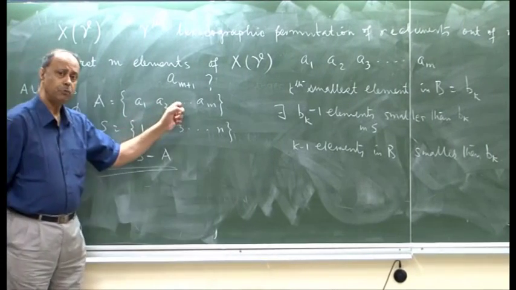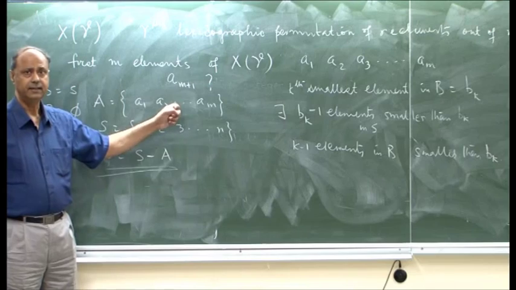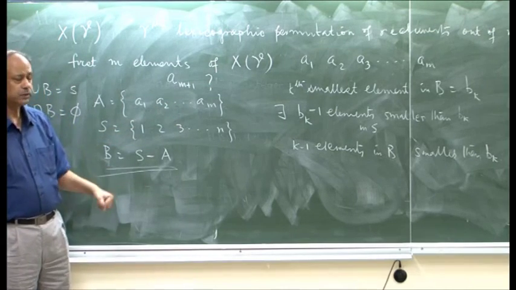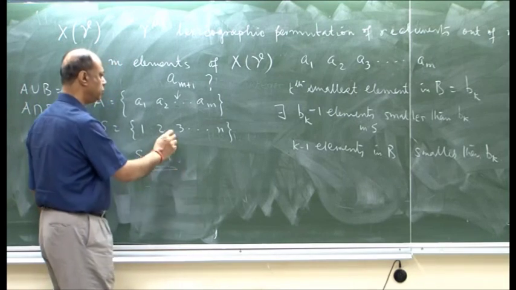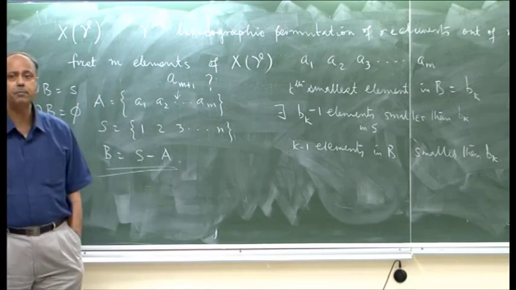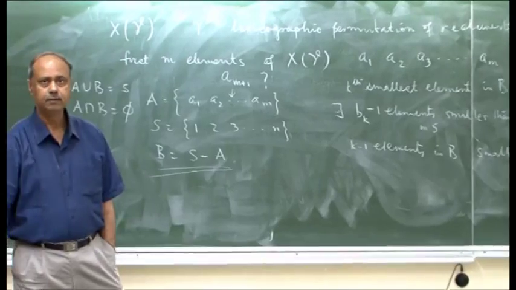So there exist some U elements in A, such that these two additions give you Bk minus 1.